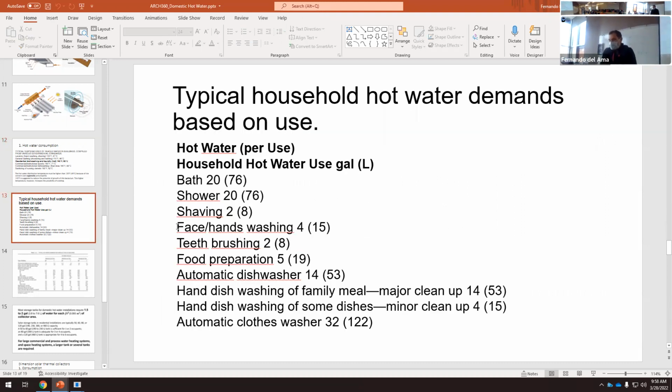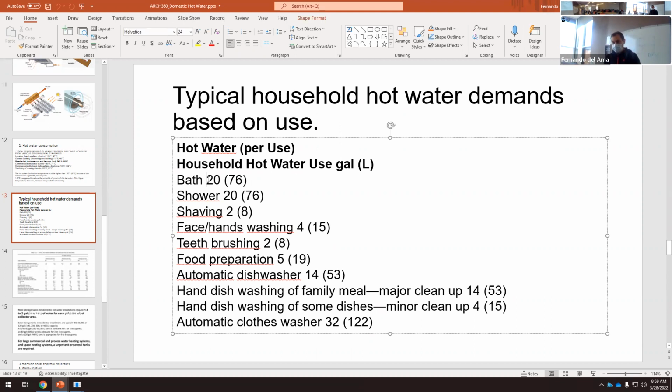And these are the typical household hot water demands, daily. The first number is gallons, and the second number is liters.